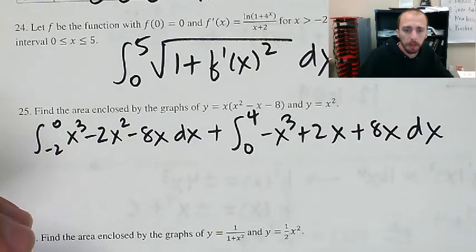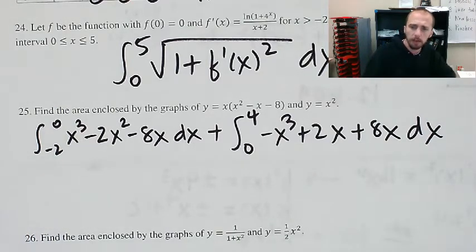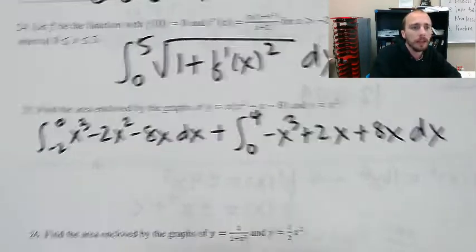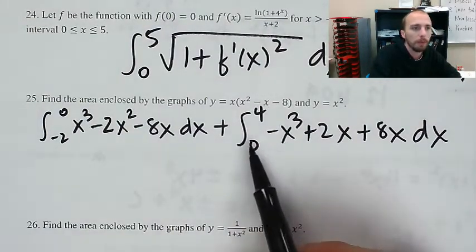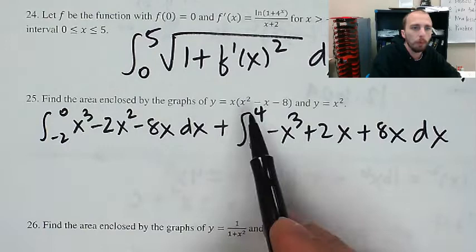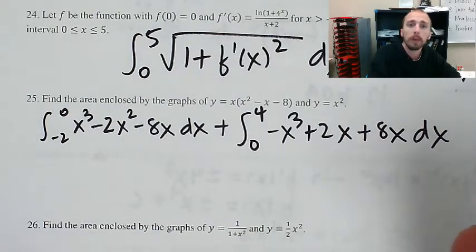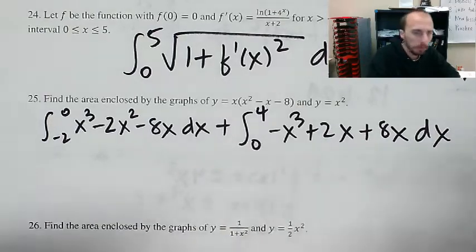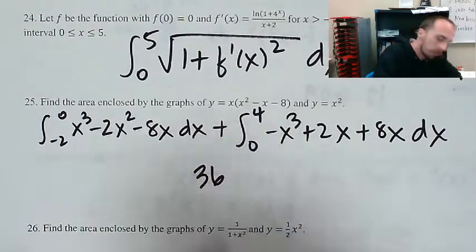And, oh man, I did this by hand last year, and I'm glad I didn't do it this year. It was a lot of algebra. Another idea that I had was I could integrate from -2 to 4 of the absolute value of y1 minus y2 on the calculator, or the absolute value of y2 minus y1. And that would just blow through everything, and that would give you your answer of 36.